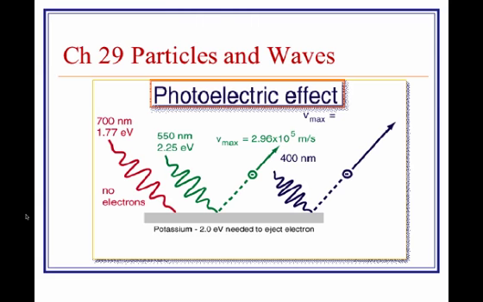And finally, we have the blue light, which is what you'll be calculating tonight for your homework, to do the problem online. It is a 400 nanometer light. First, you'll have to find the energy of that light, and then you'll have to find the maximum velocity of the ejected electron.